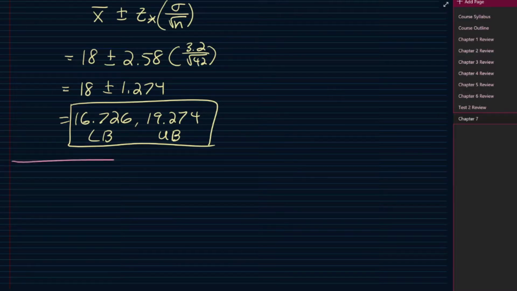Okay, so it is possible that you'll have to find a z star for a different level of confidence than the 3 that we usually use. So let's talk about that for a sec.